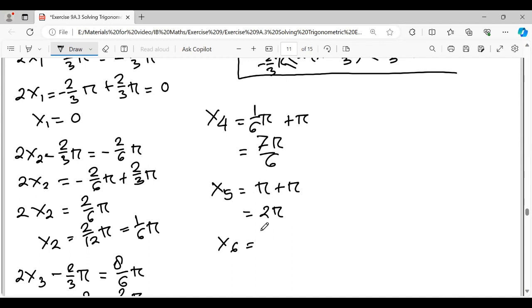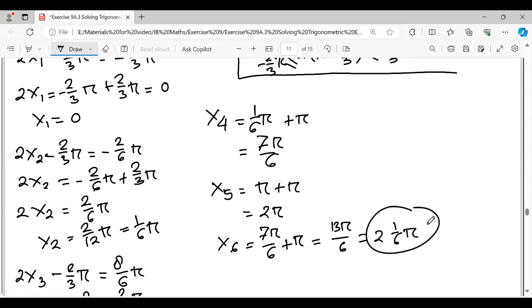Okay, 7 pi over 6 plus pi, 13 pi over 6. Okay, no need to use this.